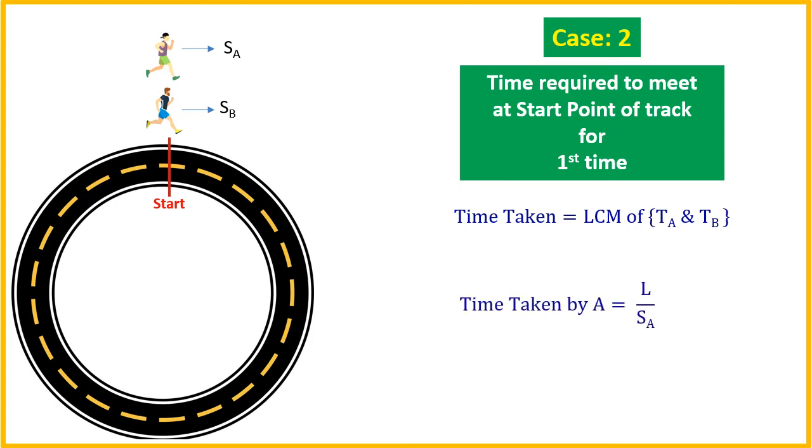It is equal to the length of the track divided by the speed of player A, and the time taken by B to cover one lap is the length of the track divided by the speed of player B. So if we take the LCM of the time taken by each individual player to cover one lap, we will find out when these players will meet for the first time specifically at the start point.